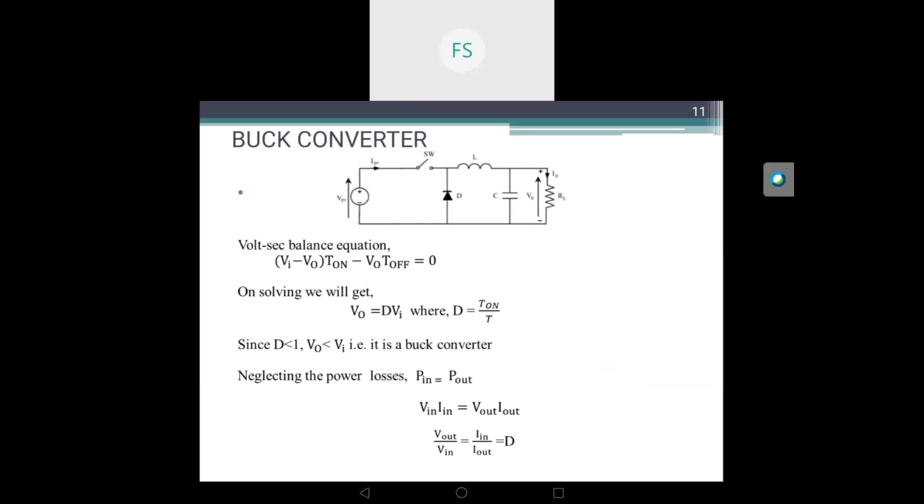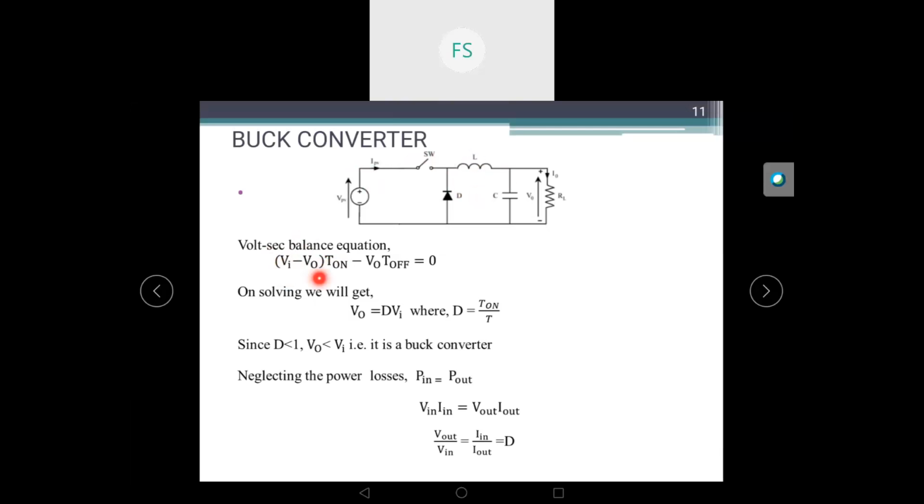So that is, the on voltage of the inductor times the on time plus the off voltage of the inductor times the off time will be 0. Let us apply that equation to the circuit. The on voltage, when the switch is on, will be Vi minus Vo. So the voltage across the inductor will be Vi minus Vo, and let the on time be T on.